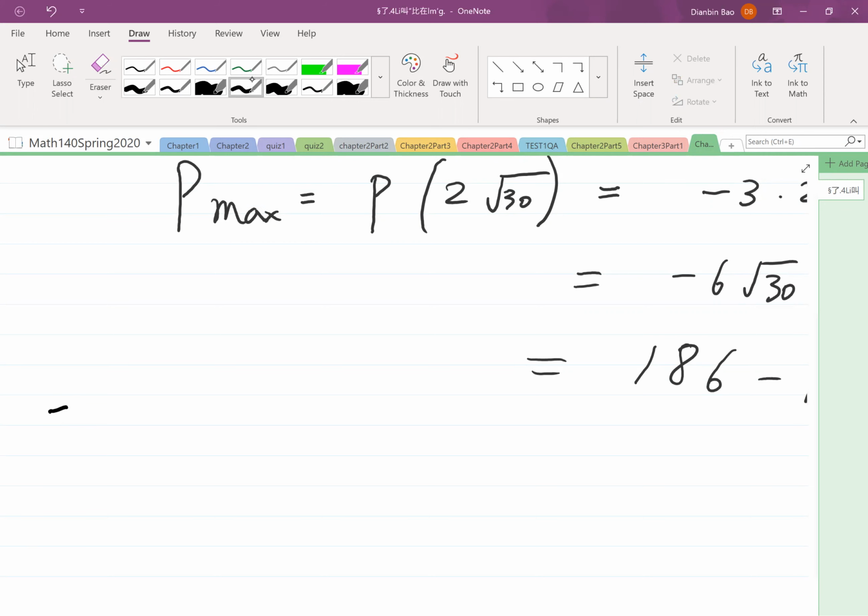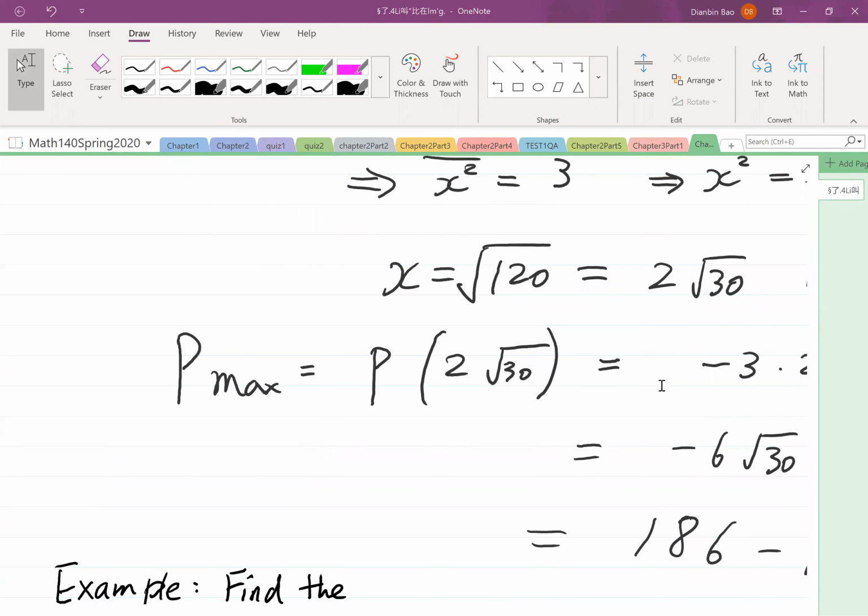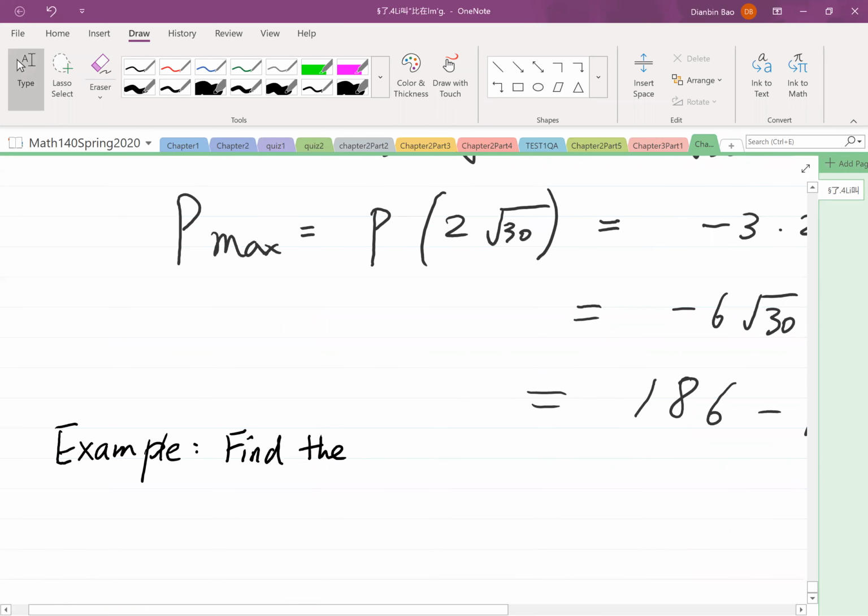Okay, this example. Suppose we have a parabola. Find the point on the parabola such that we have the closest distance.